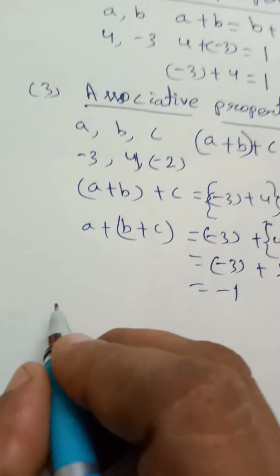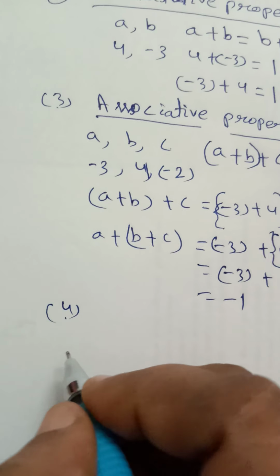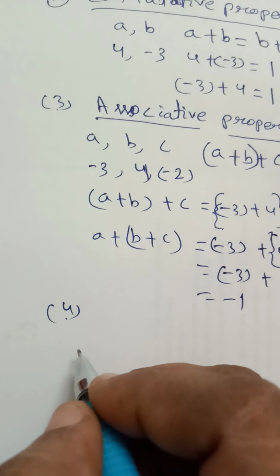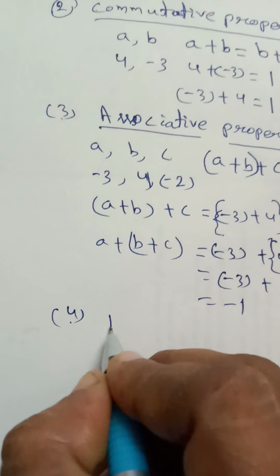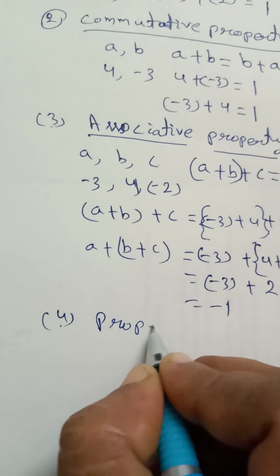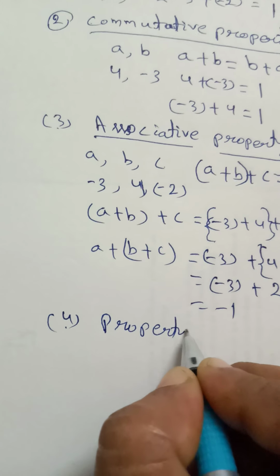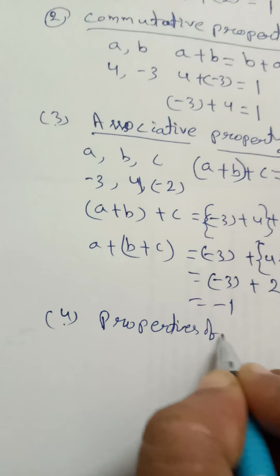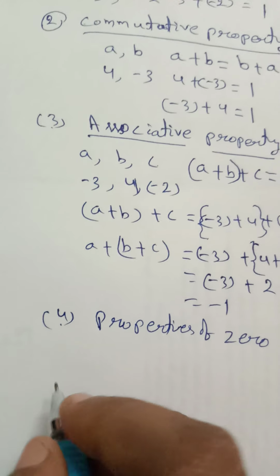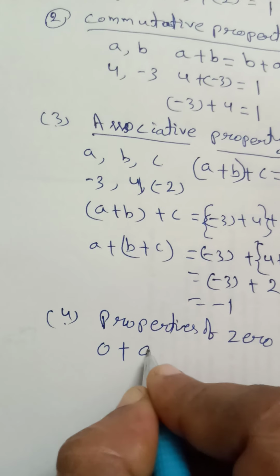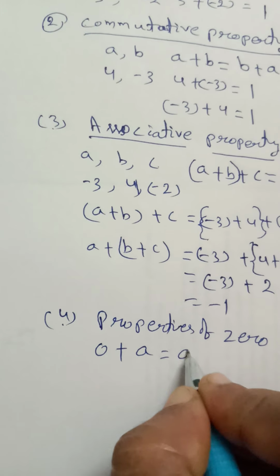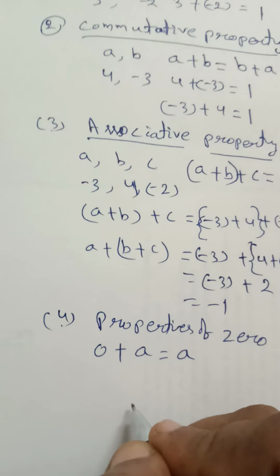Next is properties of 0. Properties of 0 means if 0 is added to any integer, the result will be the same integer.